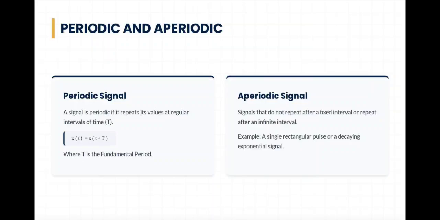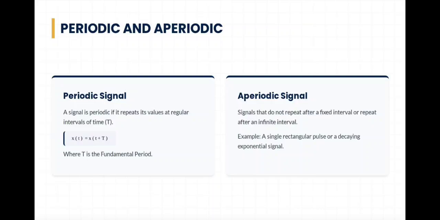Now, coming up to the next slide, we have two more signals called periodic and aperiodic. A periodic signal is a signal that repeats itself exactly after a fixed interval of time, called the period, denoted as capital T. That means if you observe the signal now and then look at it again after time T, it will look exactly the same.